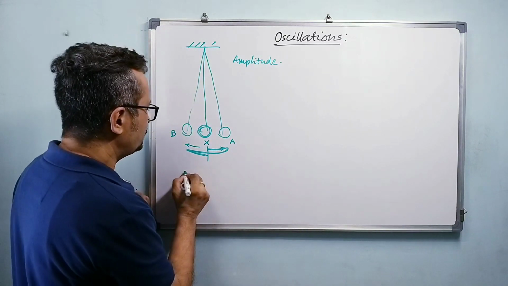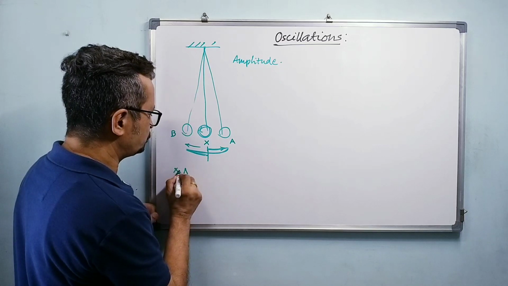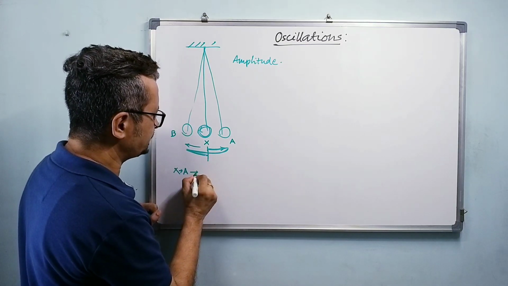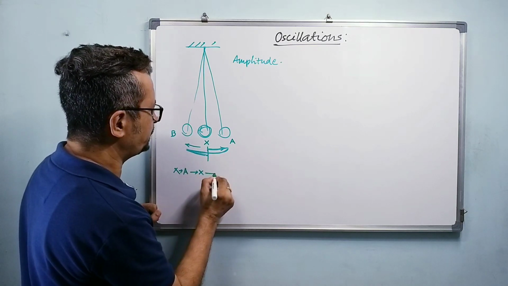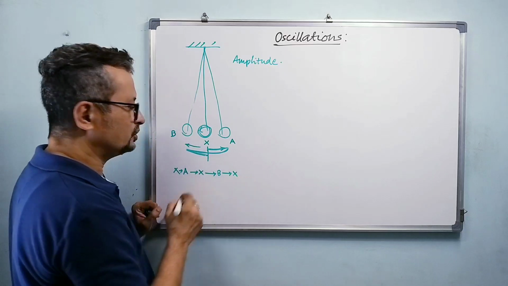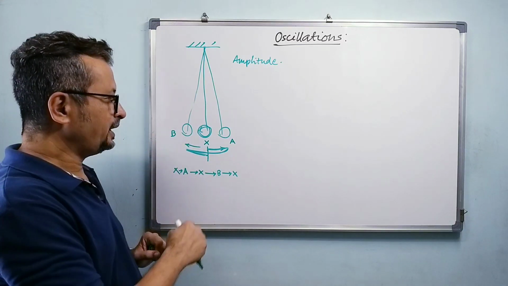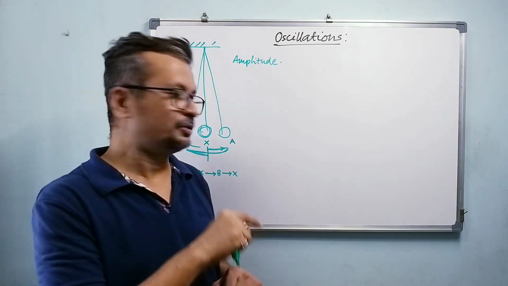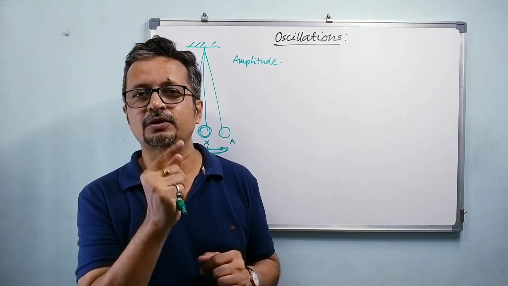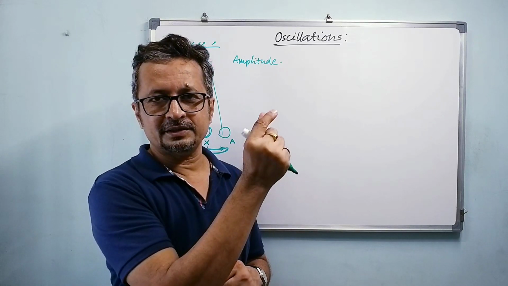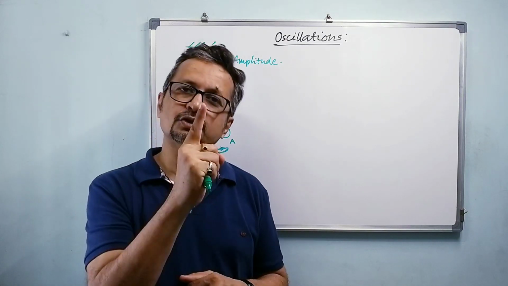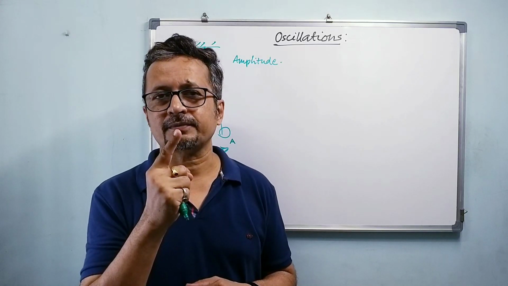It would be from x to A, then A to x to B, and B to x. So it is one complete oscillation: right, mean, left, mean, and one oscillation is complete, correct?